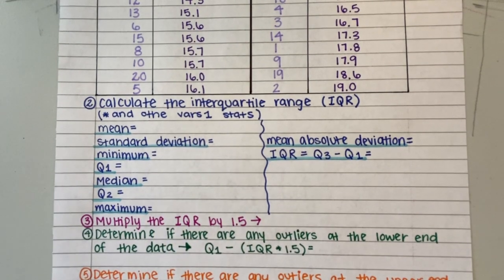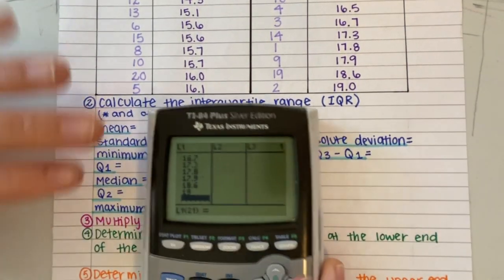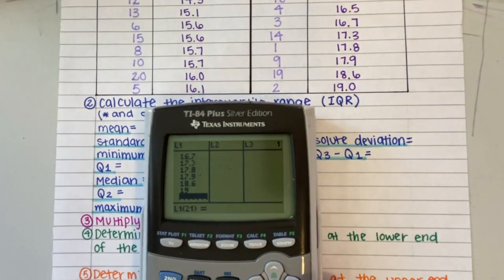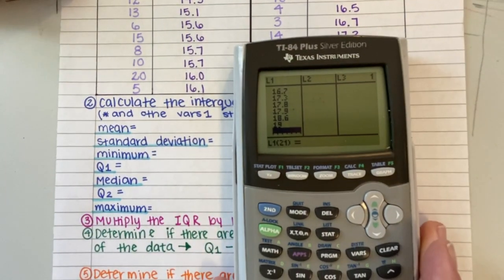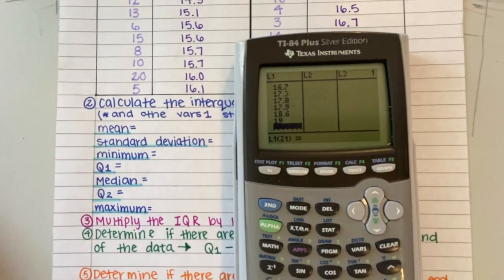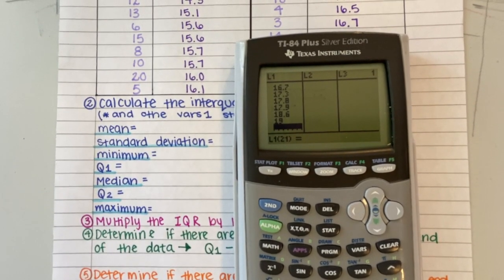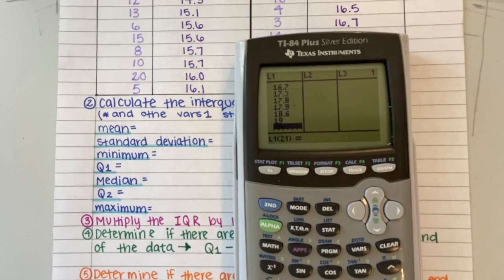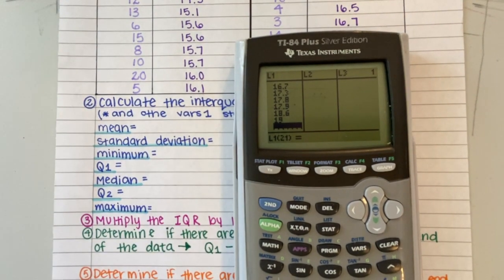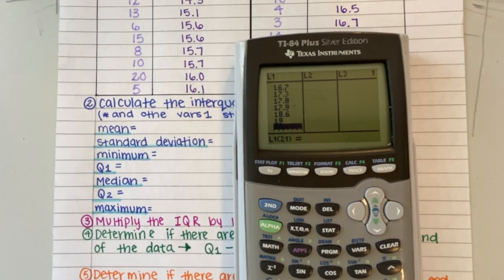So what I'm going to do is enter all of this data into my calculator, which I actually did before. And then we're going to follow those steps that we learned in the last video that I'll put in front of us in order to find the other statistics.